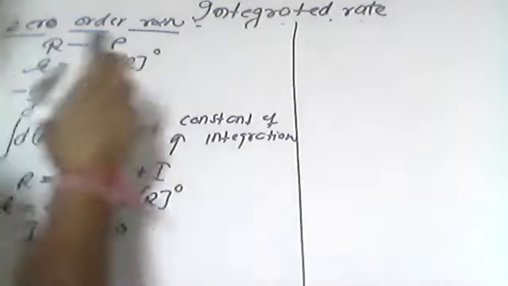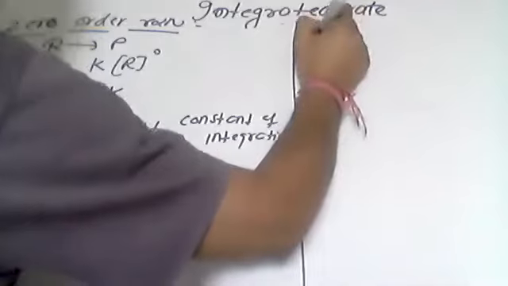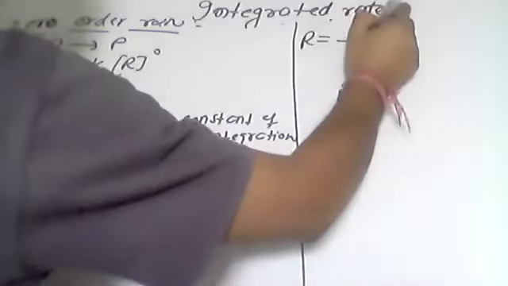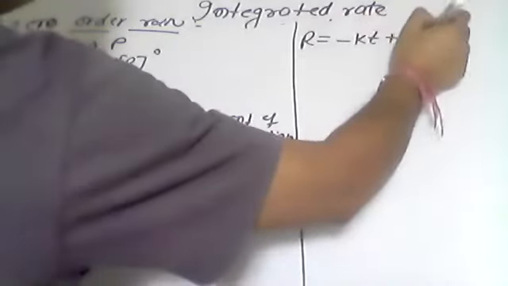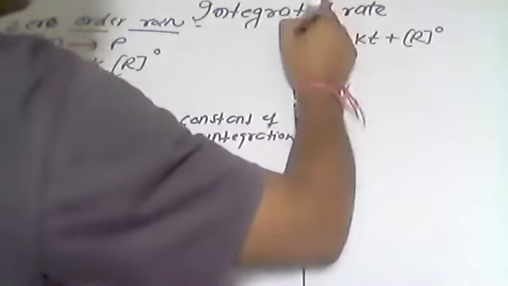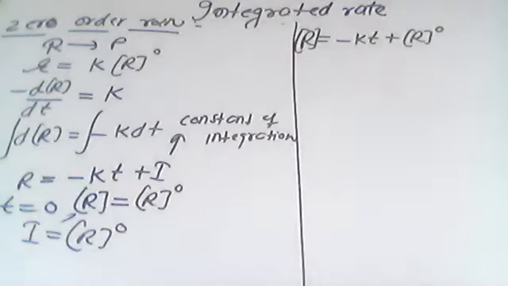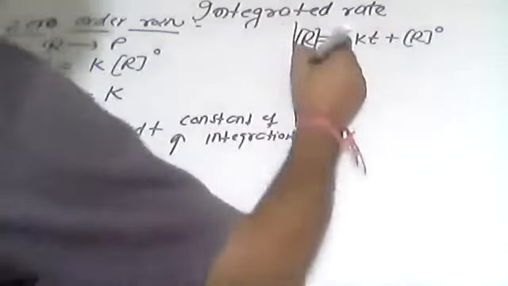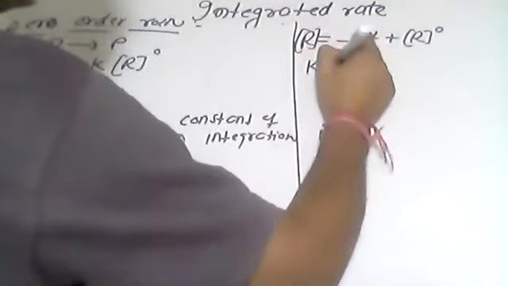Further, I put the value here, so [R] is equal to minus kt plus [R] naught. I can simplify it by bringing kt to this side.